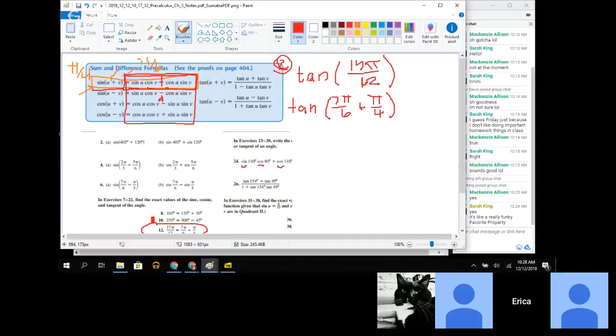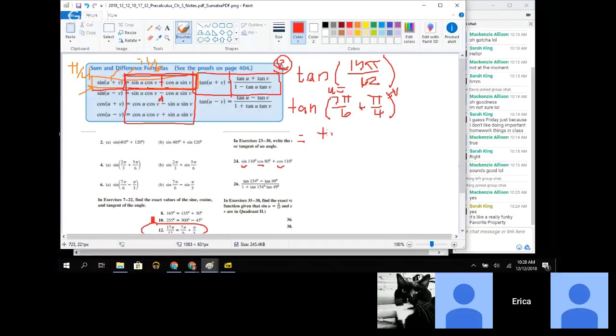So then we look over here at our properties, and if we have the tangent of one number plus another number, you're going to use this formula here. So your u is going to be 7 pi over 6, and your v is going to be pi over 4.